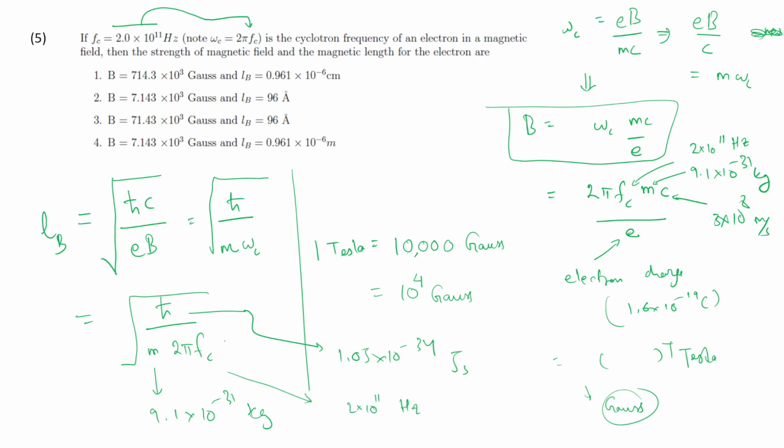You put everything and you will get LB in meter, and you can convert it to angstrom. So you have to use this formula, 1 angstrom equal to 10 to the power minus 10 meter. So whatever you get in meter, you can convert that to angstrom. And what you will get by applying this formula is, you'll get this quantity.